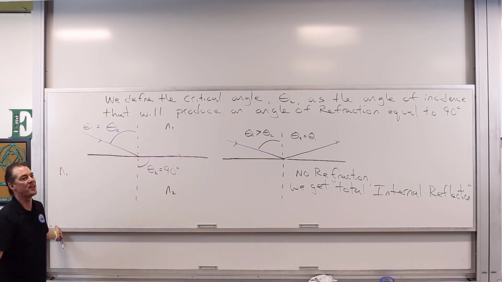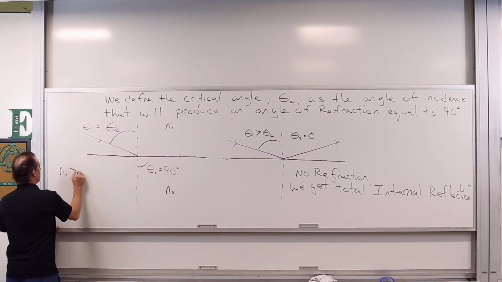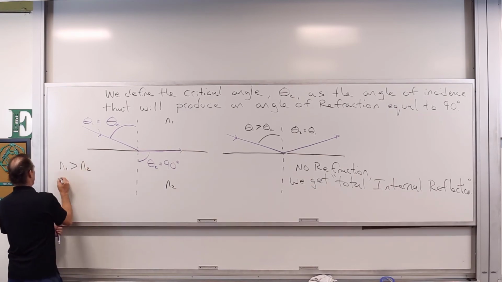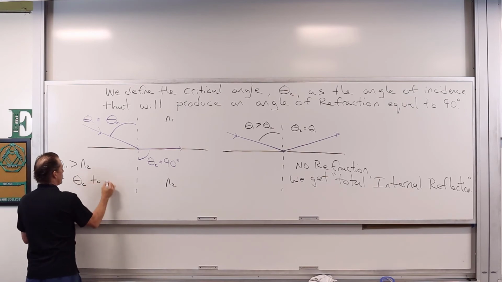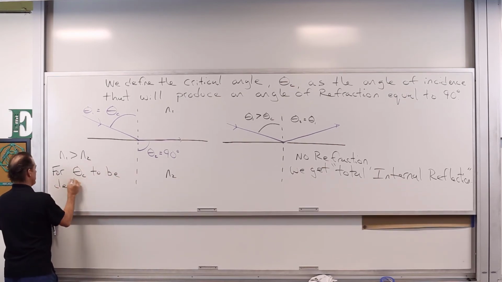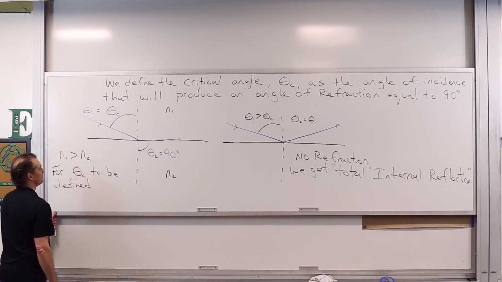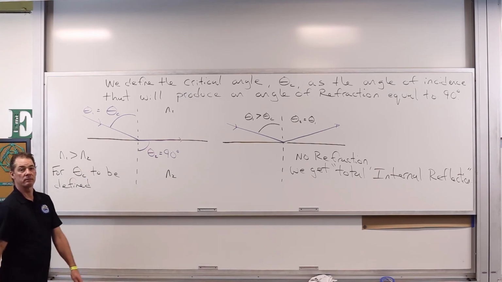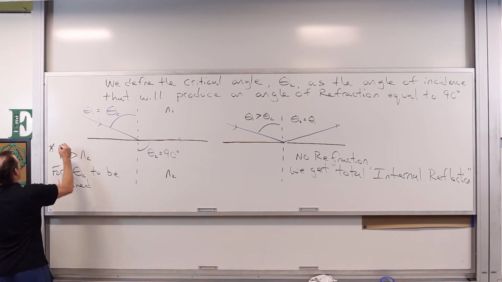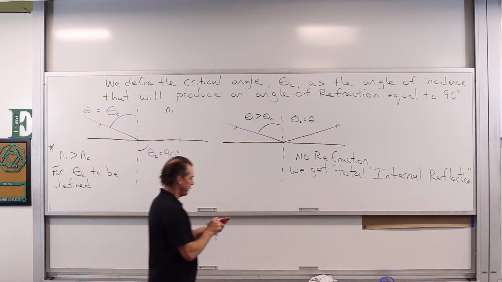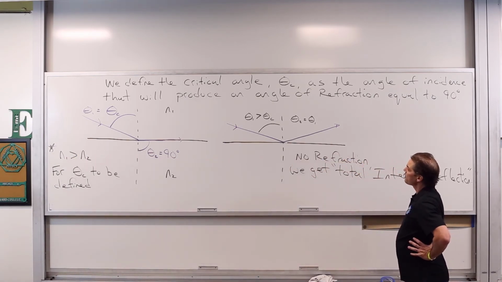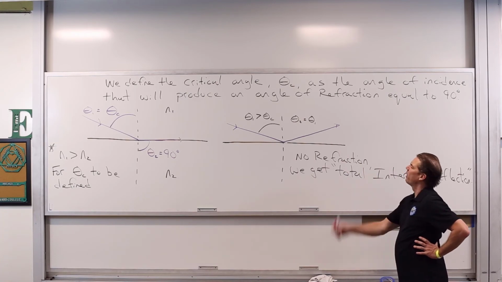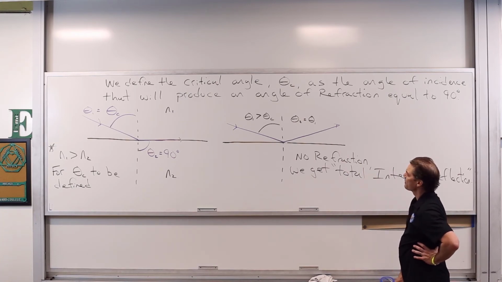N1 must be greater than N2 for theta sub c to be defined. That's it. That's another possibility that happens, a special case.